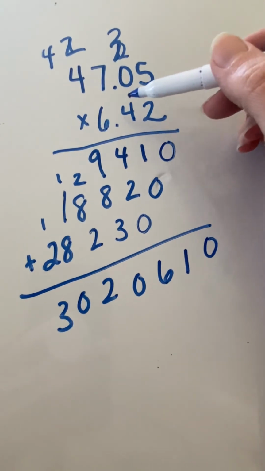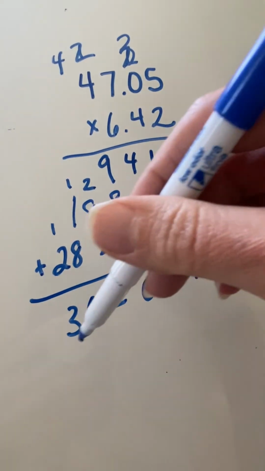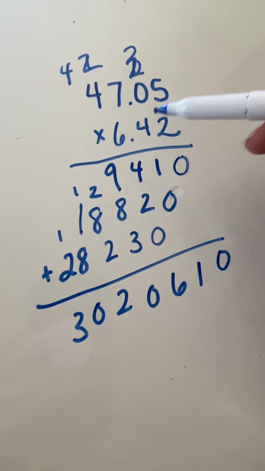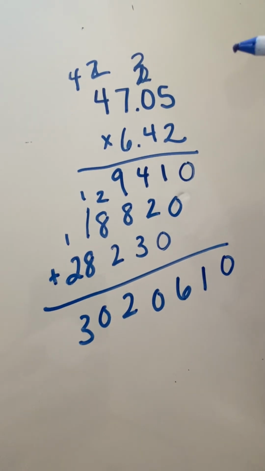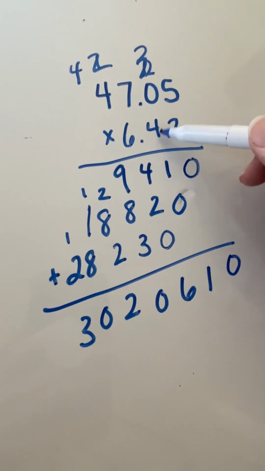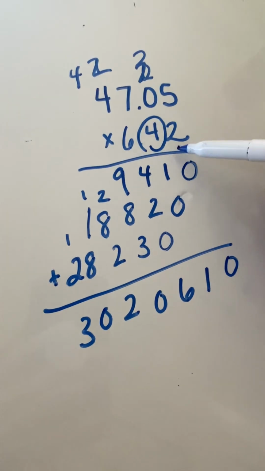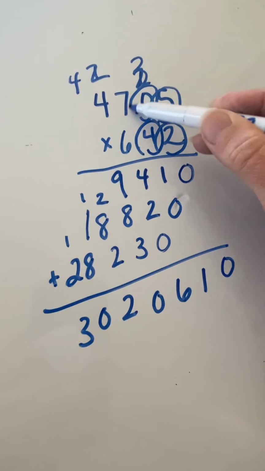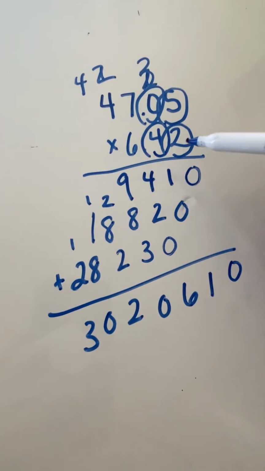But these are decimal numbers. And so when you want to figure out, well, where does my decimal go in here? What you do is you count all of the digits that are after the decimal. And you do that combined all the way together. So for example, this one is after a decimal. This one is after a decimal. This one is after a decimal. This one's after a decimal, which means I need 4 decimal places.